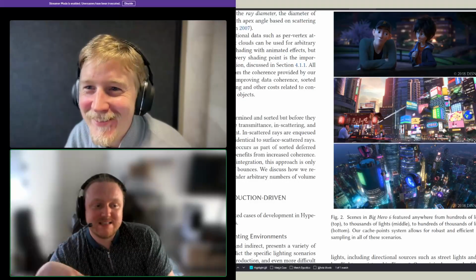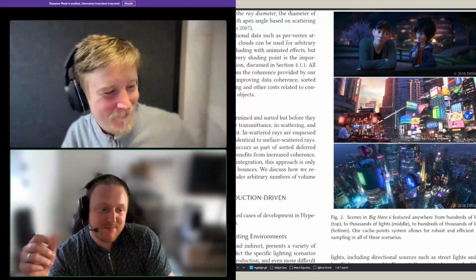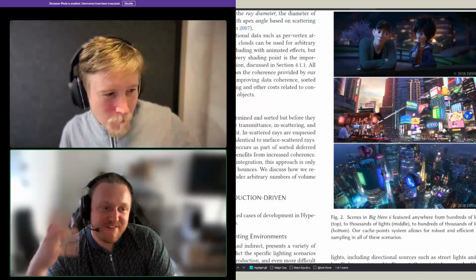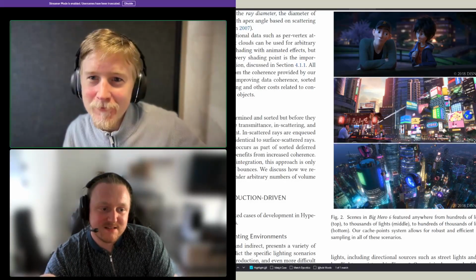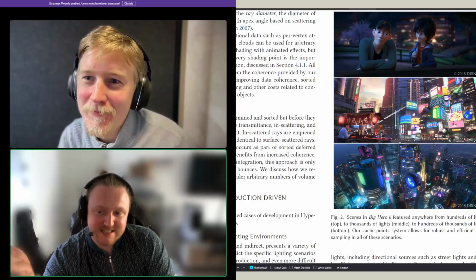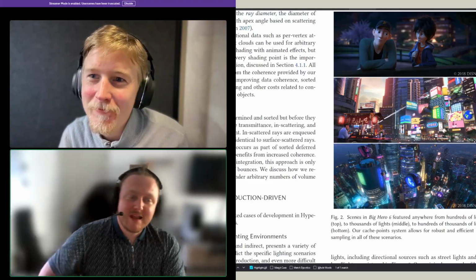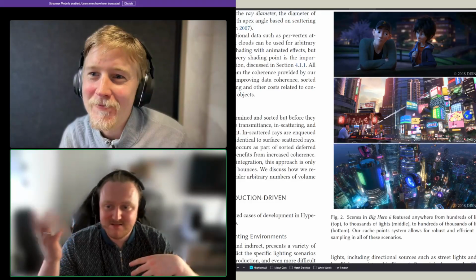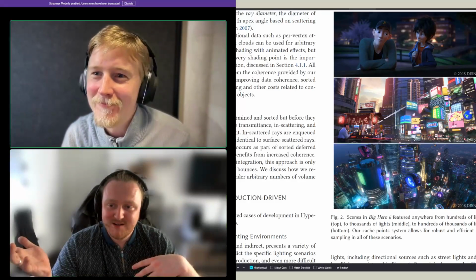I had a thought actually while looking through this paper. It kind of dawned on me that modern animated Disney movies are a really interesting mix between hyper-realism and art style.